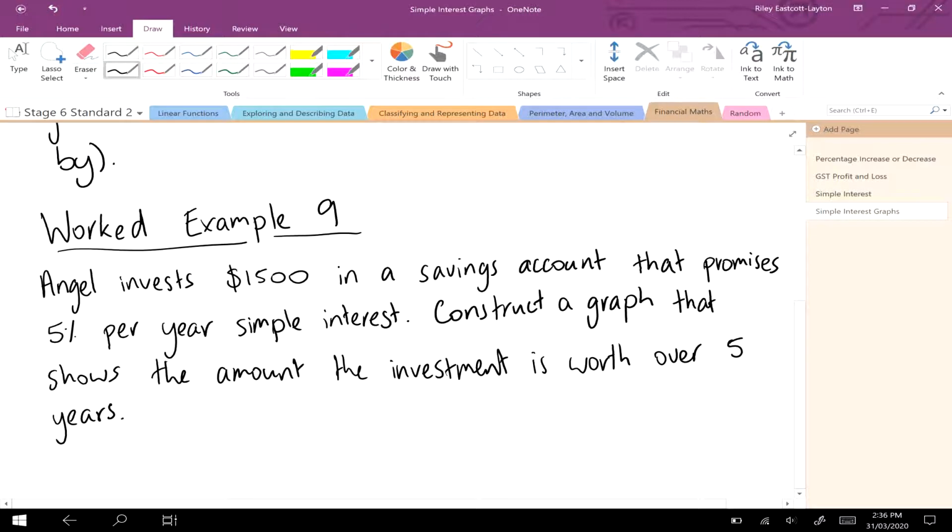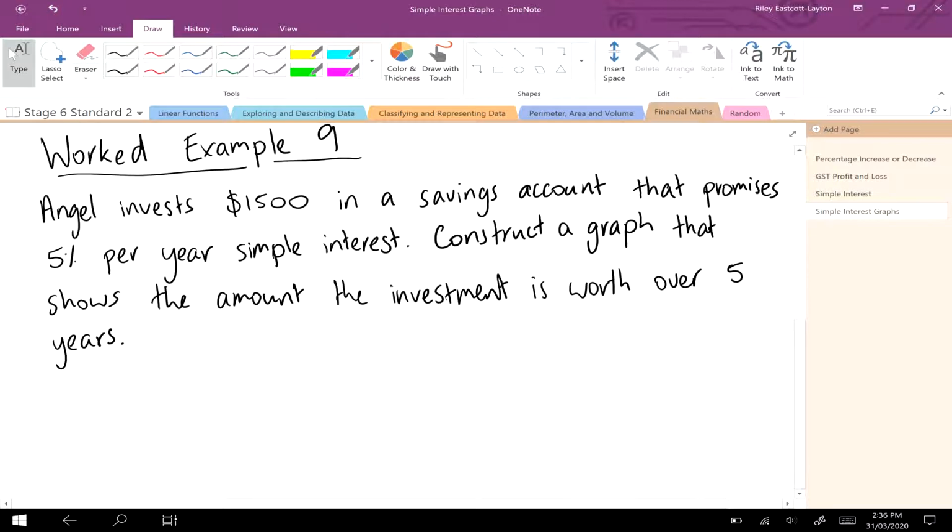Now the benefit to using a graph is that we can quickly see after 1 year how much is Angel's investment worth, after 2 years, after 3 years, after 3.5. Whereas if we're using the technique from the last lesson, we would have to break it down and work it out a heap of different times.